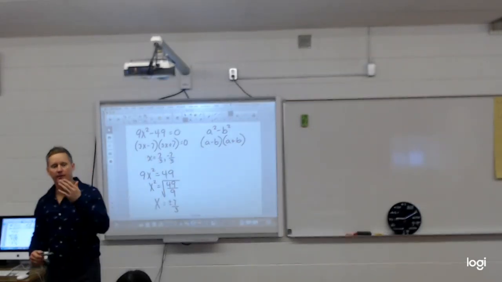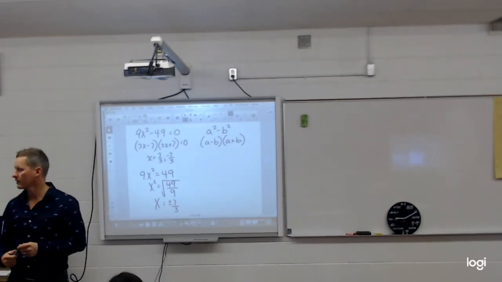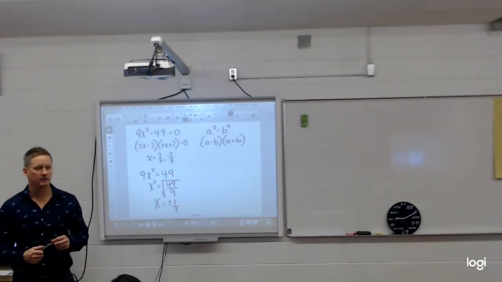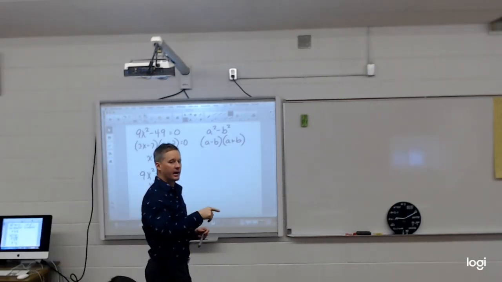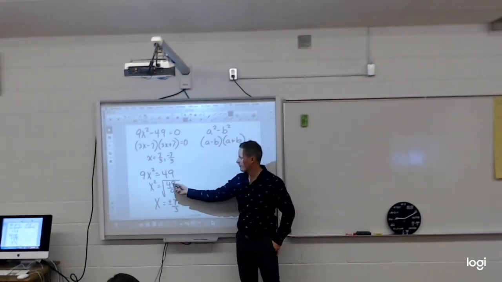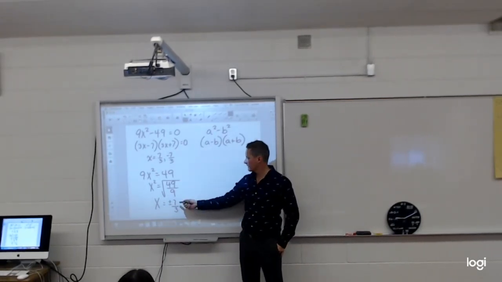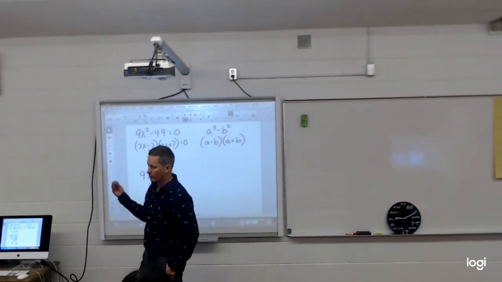Let me put it the other way. What is 2 squared? 4. What is negative 2 squared? 4. So when I take the square root of 4, I can have plus 2 or negative 2 as the answer. The same way I can have the square root of 49 and the square root of 9 as 7 over 3, and it can be a plus or a minus. So those are 2 ways.